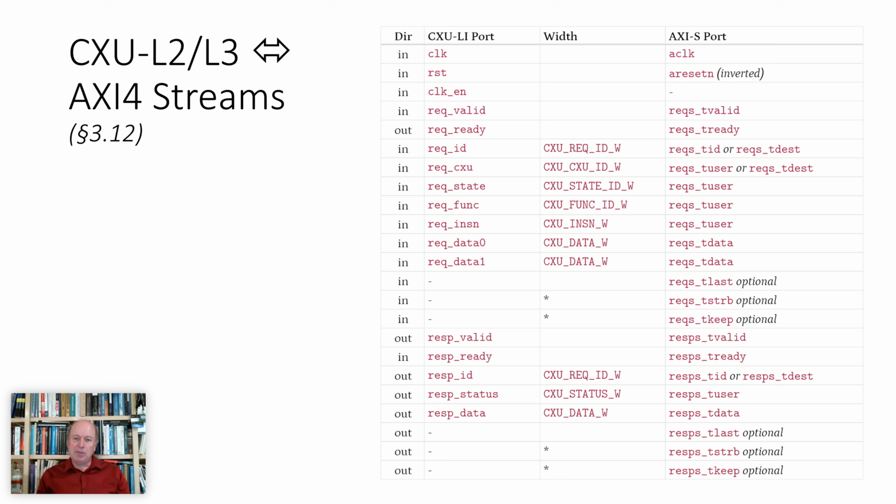Therefore, the specification defines a canonical port mapping between CXU-LI request and response streams and AXI4 request and response streams. This will allow simple and frugal configurable standard adapters to bridge the CXU-LI world and the AXI4 streams world.